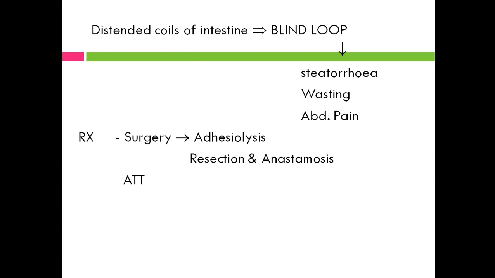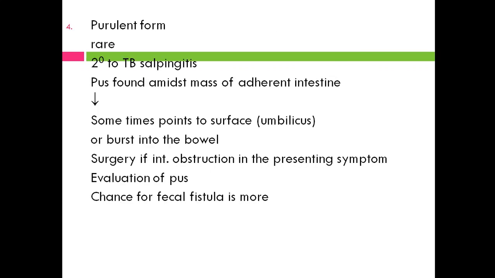So distant coils of intestine which get adhered together can produce a blind loop, resulting in steatorrhea, wasting, and abdominal pain. So treatment is ATT, and if there is an obstruction or dense adhesions, you go for adhesiolysis with resection and anastomosis, sending it for biopsy.